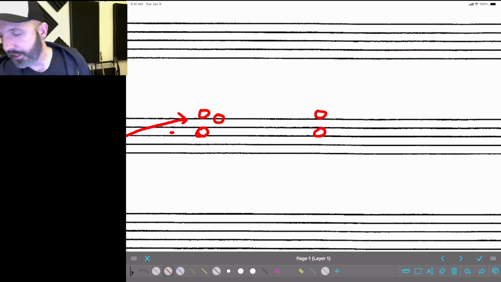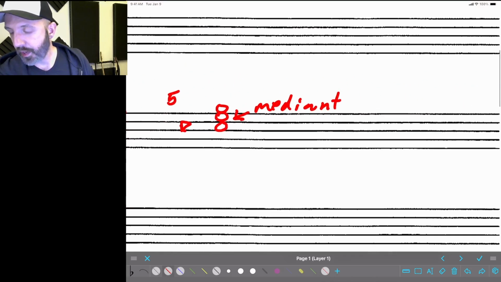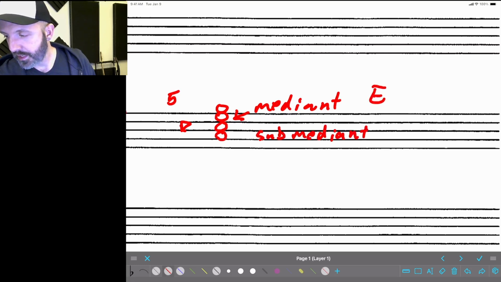So just like we were saying, you had the root, you had the fifth, and then there was the third in between it. So this guy is the mediant. And just like what we did with a fifth above being the dominant and a fifth below being the subdominant, the third below is going to be a submediant. So it would be E, that would be A in the key of C.